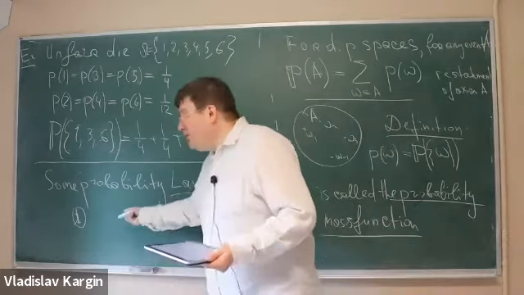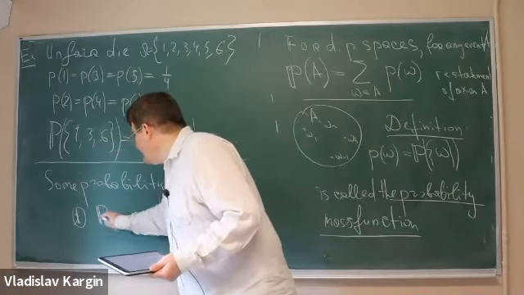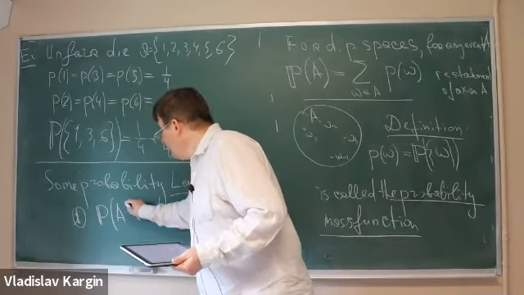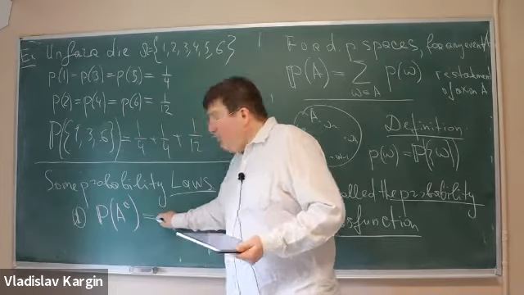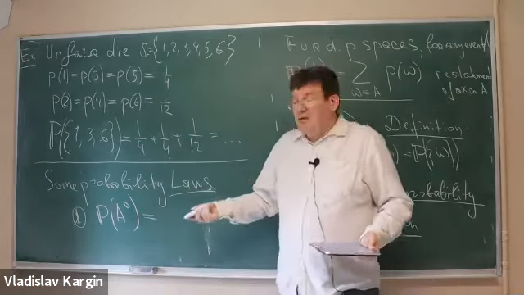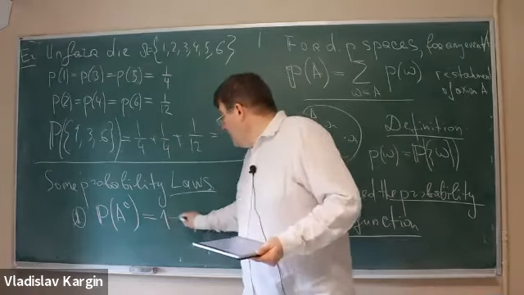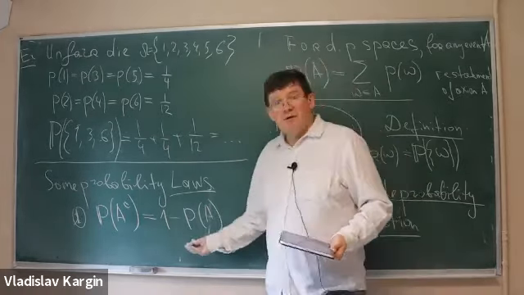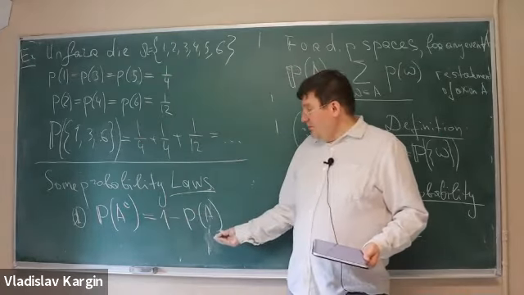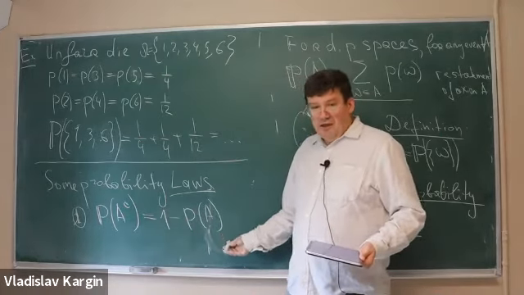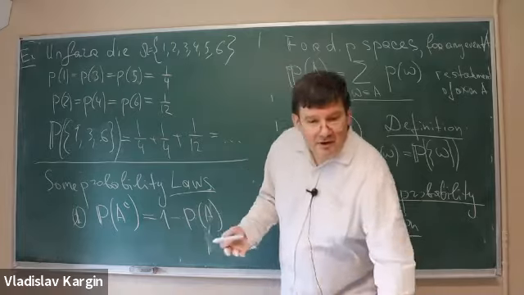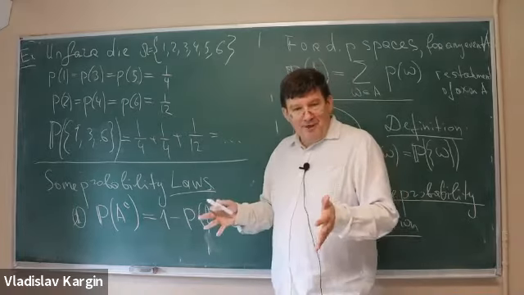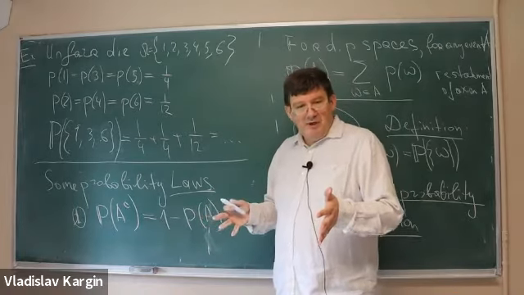One of them is: what if you want to calculate the probability of a complement? It's equal to 1 minus the probability of A, because A and its complement together give the whole space and they're disjoint.